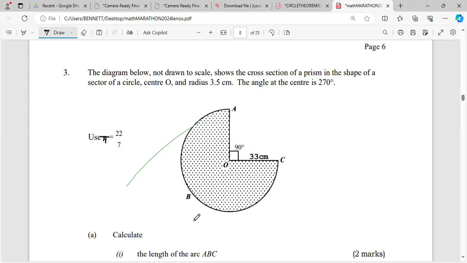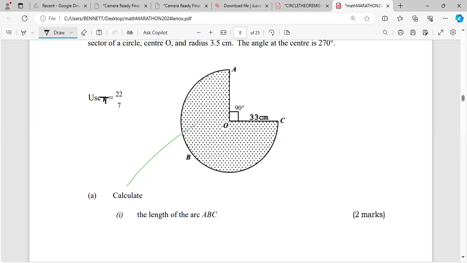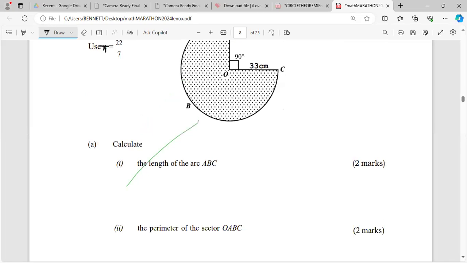Use pi as 22/7. And they say calculate the length of the arc ABC and the perimeter of the sector OABC. So match up that, guys, and then we can reason out the rest.